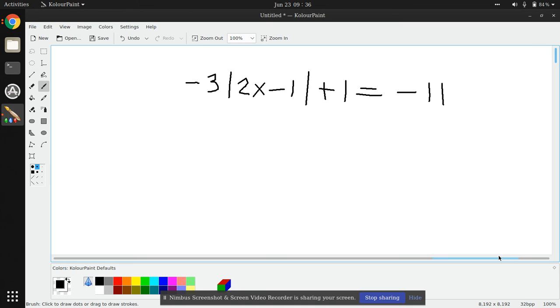And our last example here, you see, we've got a negative, but your absolute value is not yet by itself. So our first step is to get the absolute value by itself. To do that, start by subtracting 1 from both sides.